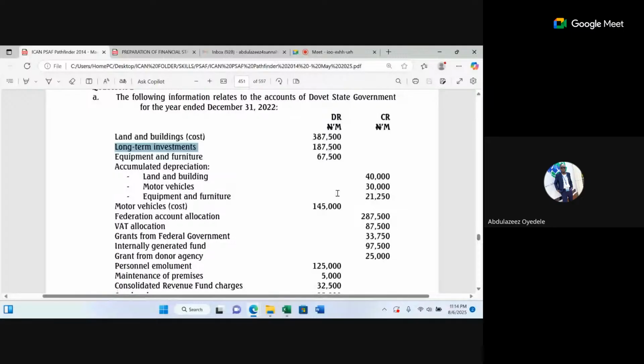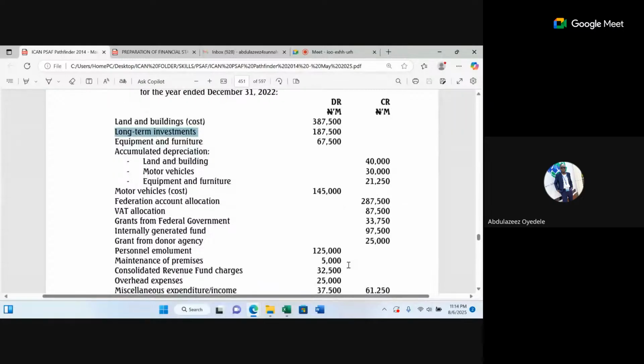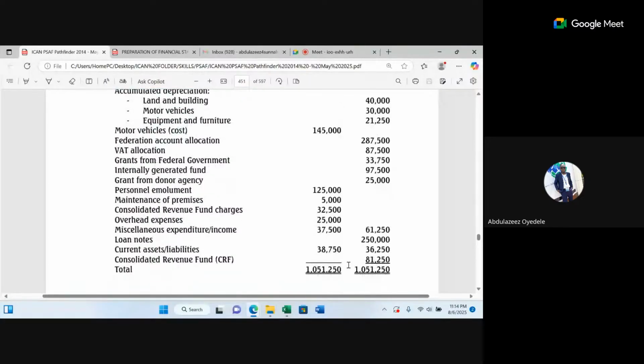These ones are non-current assets that we have treated. This personnel emolument and expenses, maintenance, all these were expenses that we have treated. Then here we have current assets and liabilities. So the one on the debit side is the assets, while the one on the credit side is the liabilities. So these are current assets.